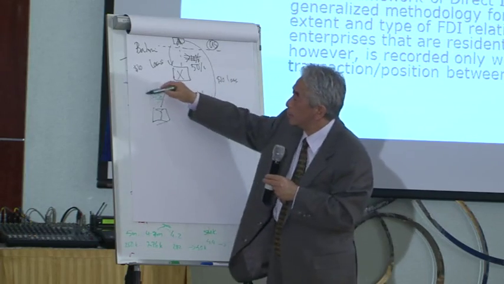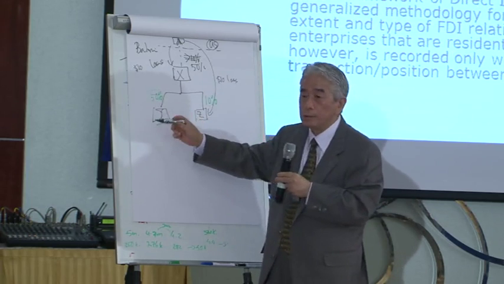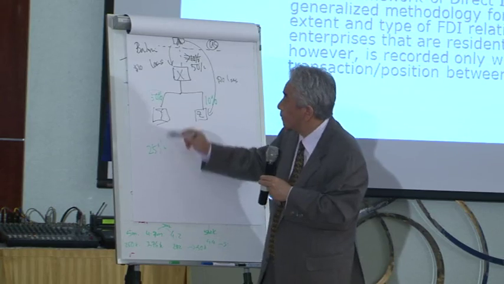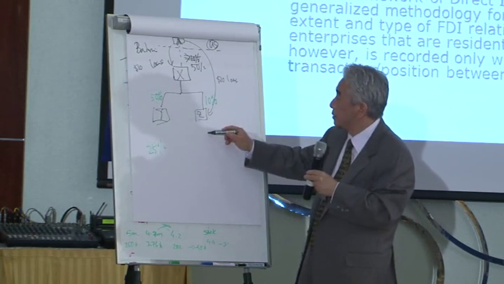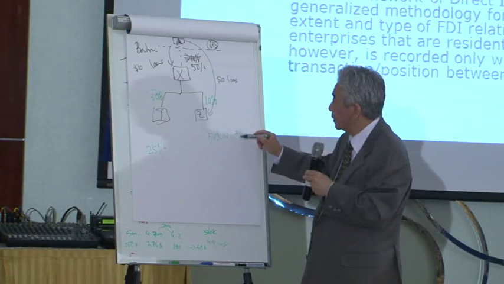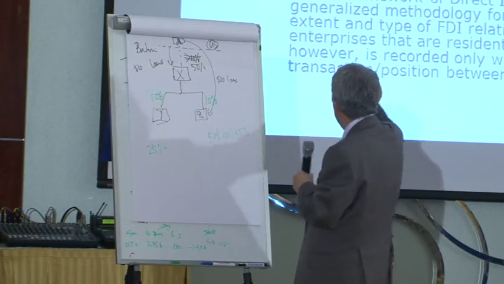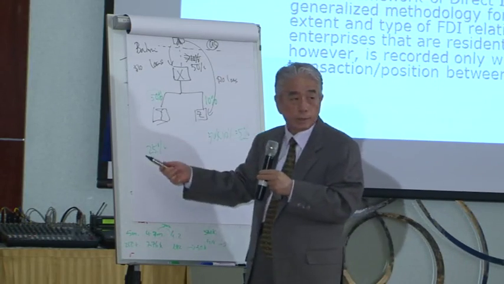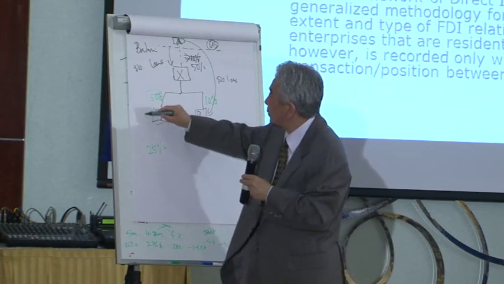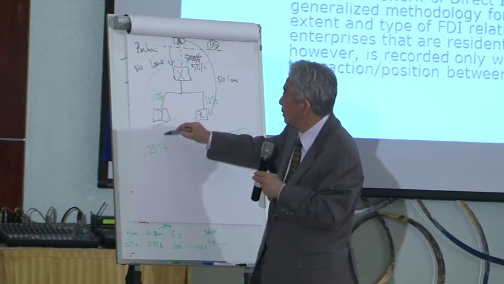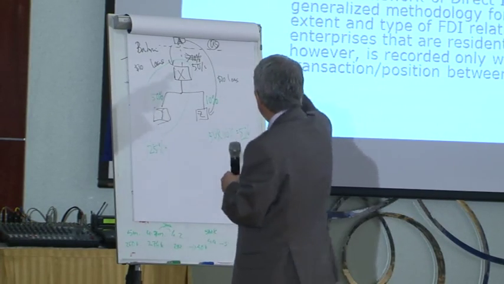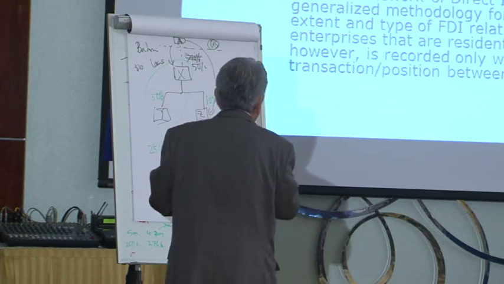A owns Y 25%, which is 50 times 50. For Z, 50 times 10 is 5%, which is less than 10%. So Y is more than 10% and is supposed to be included, but Z is not. That is what we call the US method.